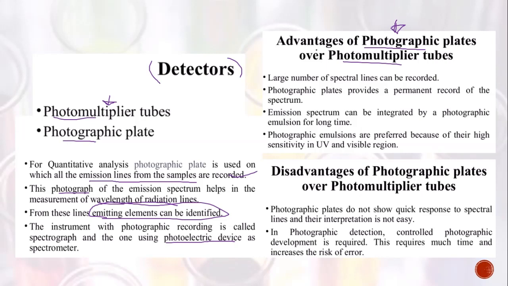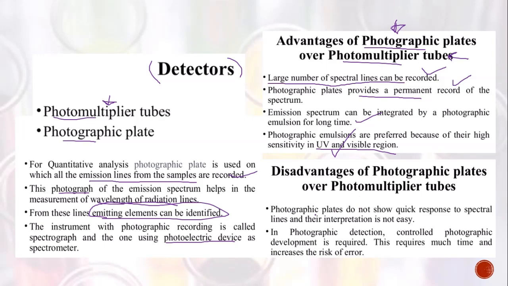Normally, among the advantages of photographic plates, a larger number of spectral lines can be recorded, and photographic also provides a permanent record as compared to just having a readout on a screen. Then the emission spectrum can be integrated by a photographic emulsion for a long time. These emulsions are preferred because of their high sensitivity to UV and visible regions.